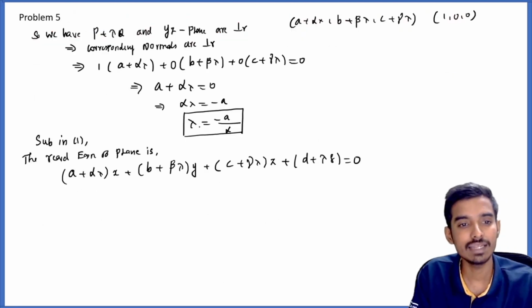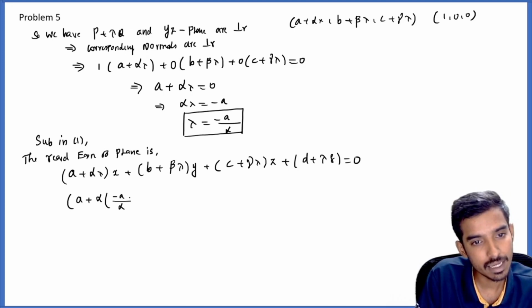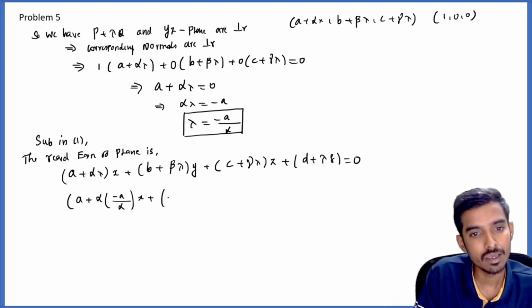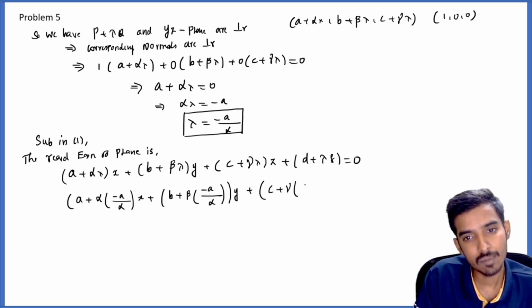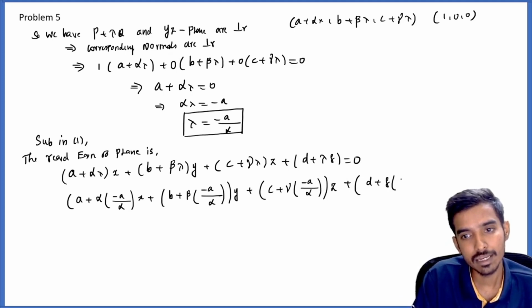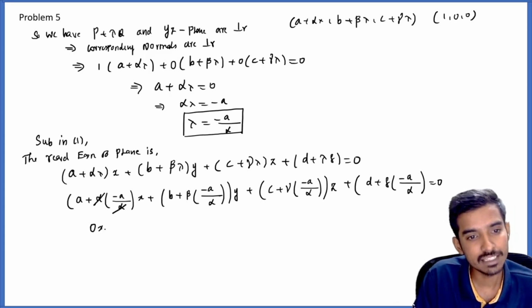Now substitute this minus a by alpha. So a plus alpha into minus a by alpha into x, b plus beta into minus a divided by alpha into y, c plus gamma into minus a by alpha into z, d plus delta into minus a by alpha is equal to 0. So this will vanish, right?